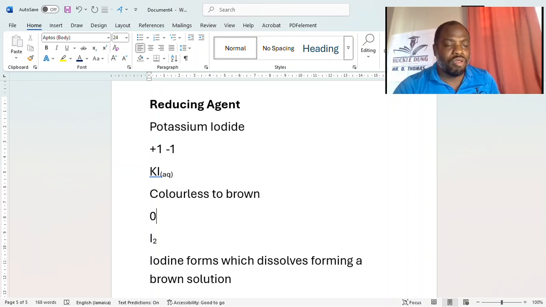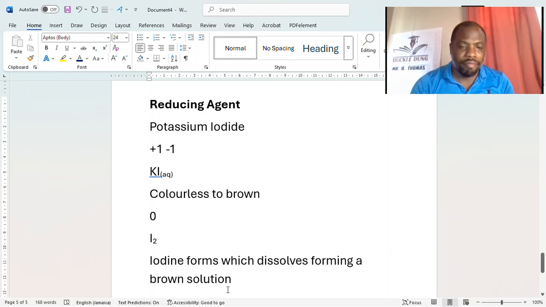So we know oxidation is the loss of electron. And so the observation we're looking for now that it's no longer bonded, is you're going to see the evidence of the iodine in the solution, which gives it a brown appearance. Yeah?